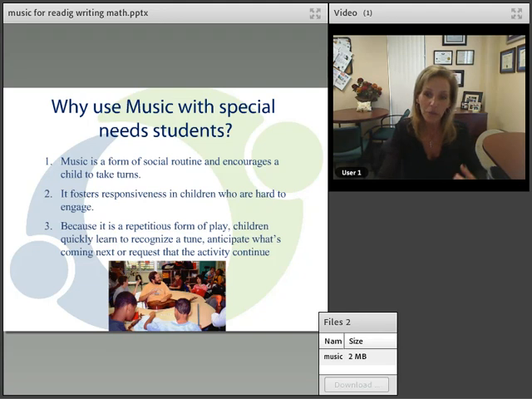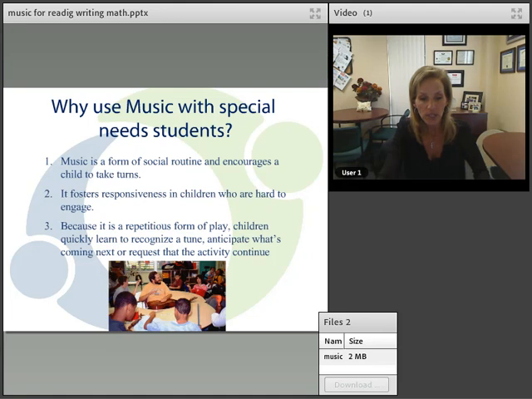Often they're interested in the window behind me and looking at the cars outside. But when they see my guitar, when they see the drum, it pulls them in. It brings them to a place where they can connect with me. And you don't necessarily have to know how to play the drum or play the guitar. Just strumming the strings really helps to connect with them.